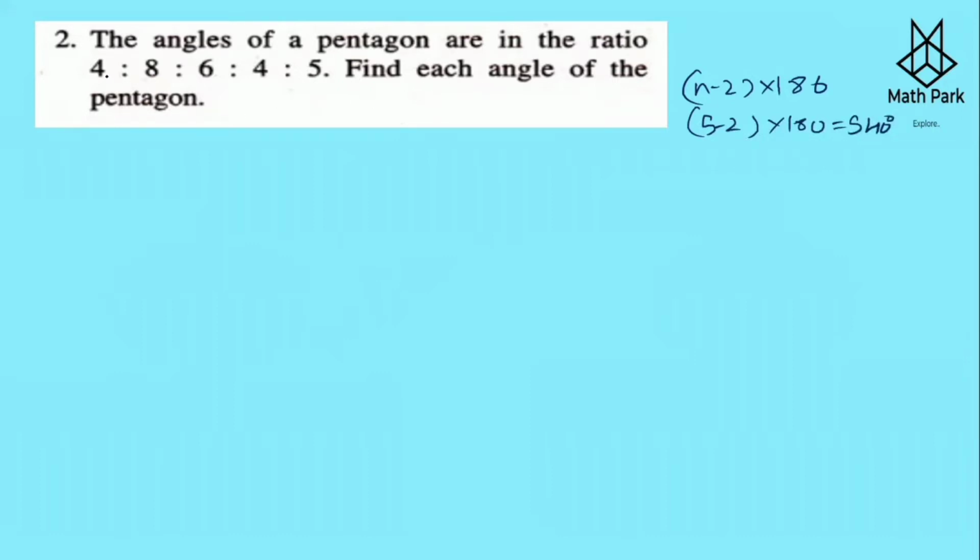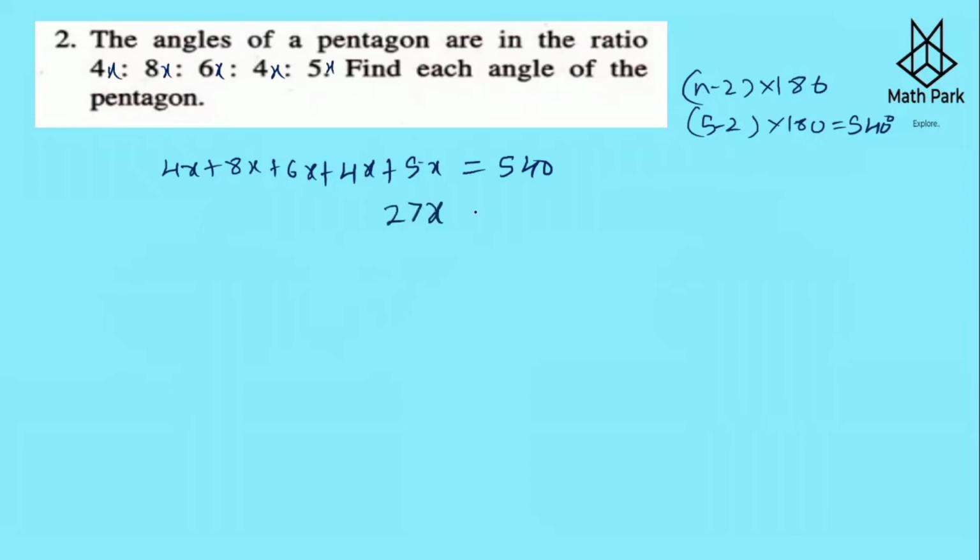Now let these angles be 4x, 8x, 6x, again 4x and 5x. Adding all of these angles, we get the sum as 540. So the equation is 4x plus 8x plus 6x plus 4x plus 5x is equal to 540 degrees. 8 plus 4 is 12, 12 plus 6 is 18, 18 plus 4 is 22, 22 plus 5 is 27.